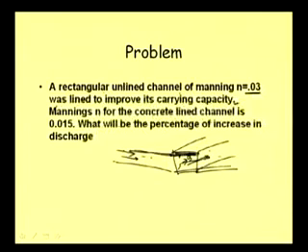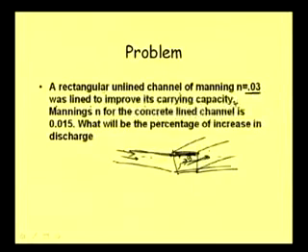A rectangular unlined channel of Manning's n equal to 0.03 was lined to improve its carrying capacity. Now Manning's n for the concrete lined channel, suppose we are providing a concrete lining, is say 0.015.